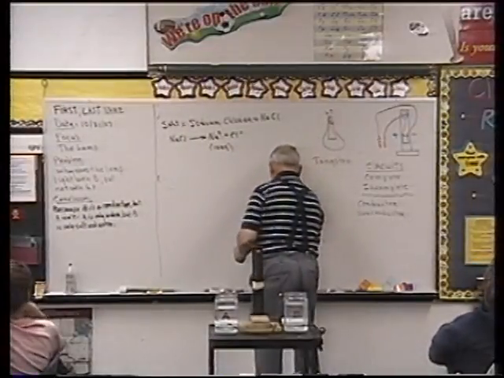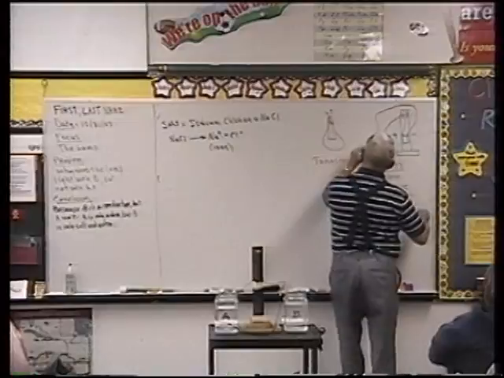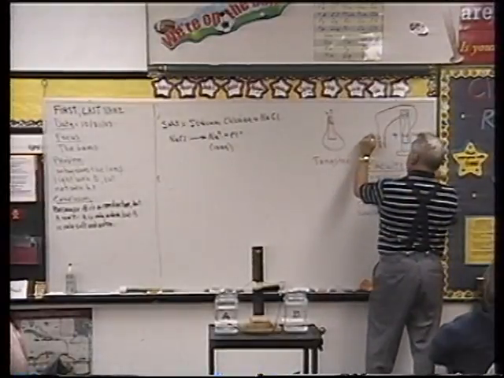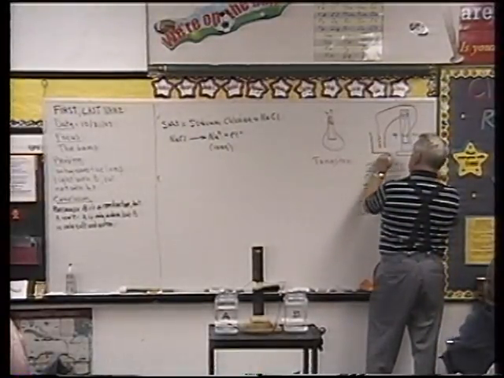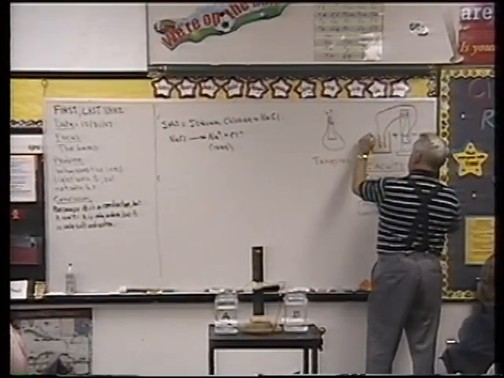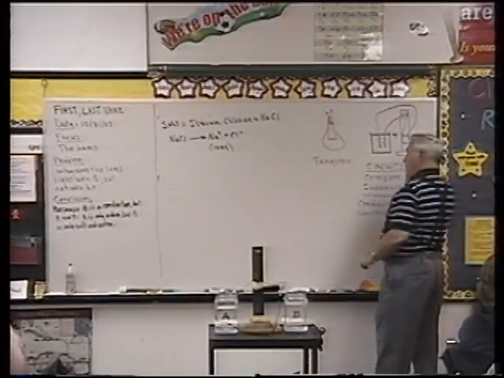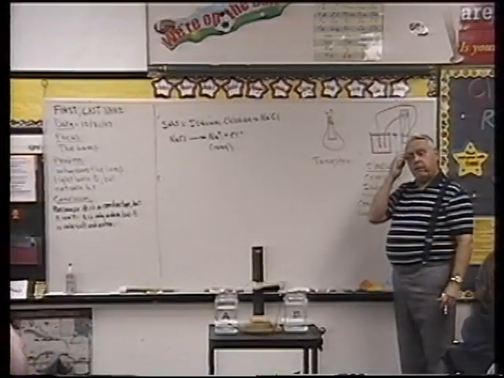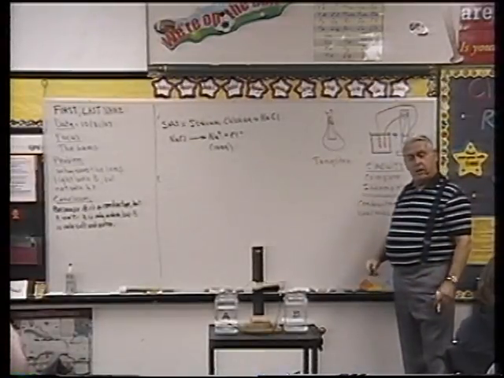All right, now I'm going to draw the jar over here. This is the jar. And it has water in it. Plain water. Right now it looks like plain water.